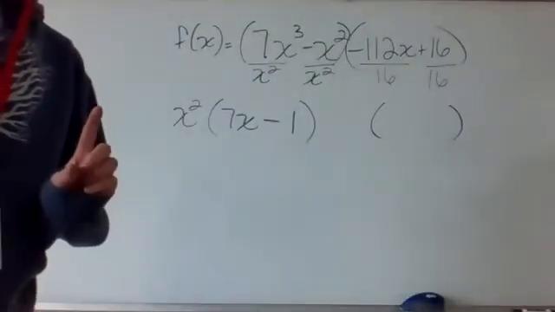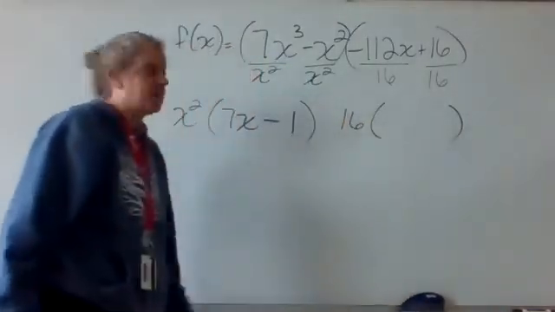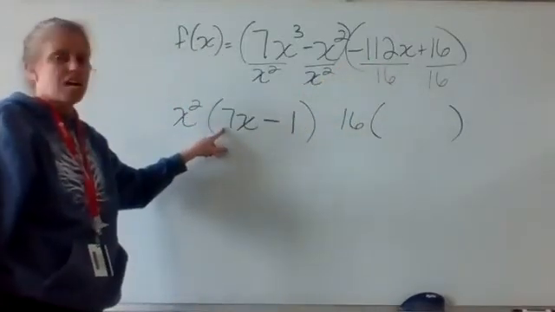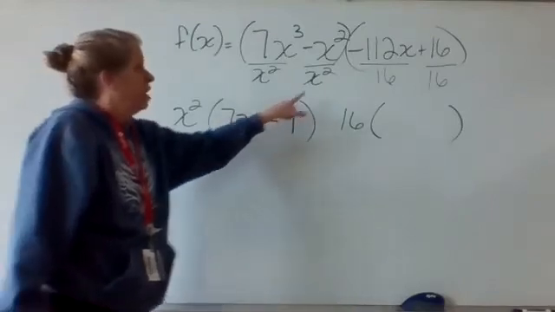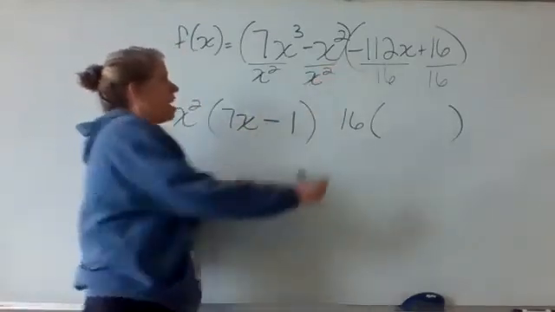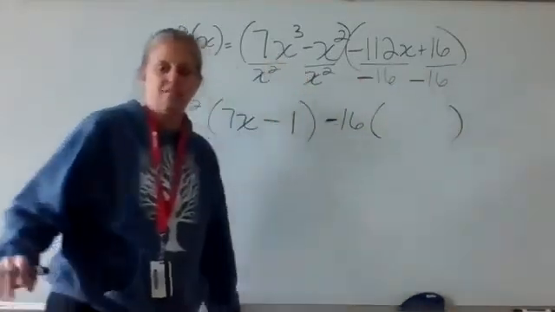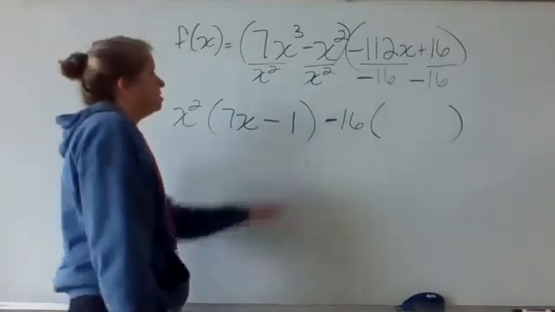Now I need to decide, am I going to pull out a 16, positive or negative? So in other words, does this x term need to change signs to be like this one? Well, it's negative, and we need it to be positive. That means you need to change signs. That's telling you to pull out a negative. So let's see.